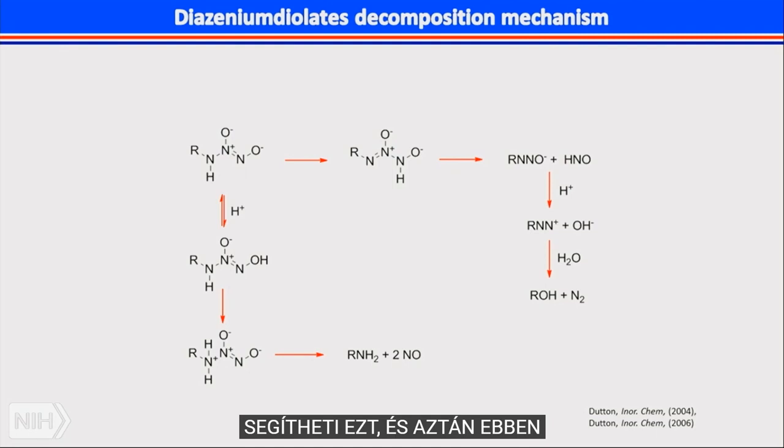But under a low pH condition, this reaction does not occur, and it basically undergoes this process to release 2 molecules of NO. As you can see, this reaction cannot occur for secondary amines. So secondary amines can only go through this process and release pure nitric oxide.